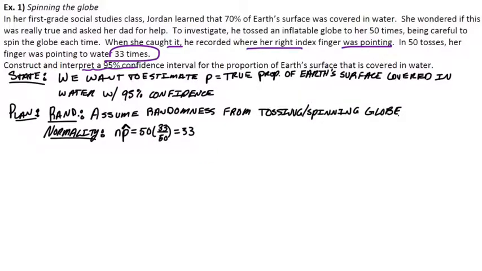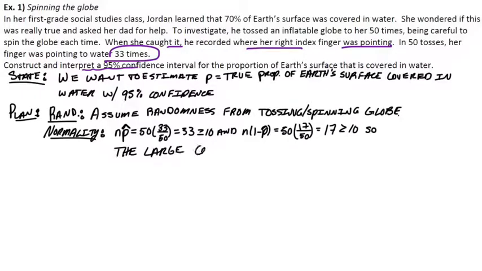So 33 successes, that's definitely bigger than or equal to 10. And then let's go the other way. How many failures did we get? So n(1 minus p hat). So if it hit water 33 times, it must have hit land 17 out of 50 times, which would be a failure in this case. So we have 17 failures. So both of those numbers are greater than or equal to 10. So the large counts condition is good, which means we can assume normality.